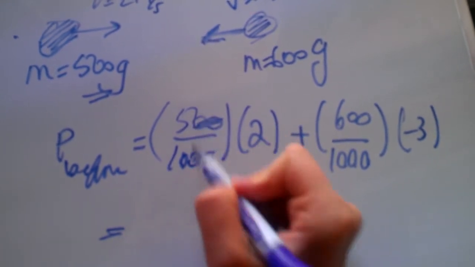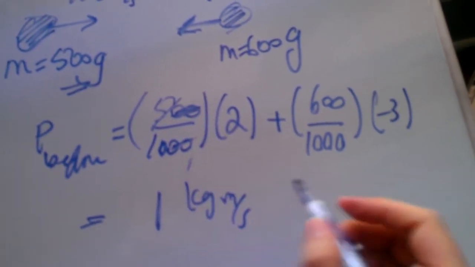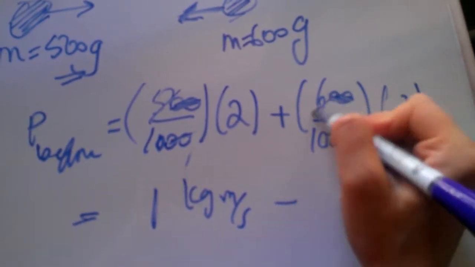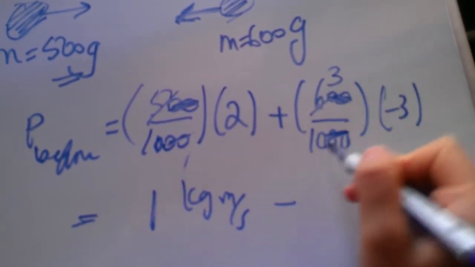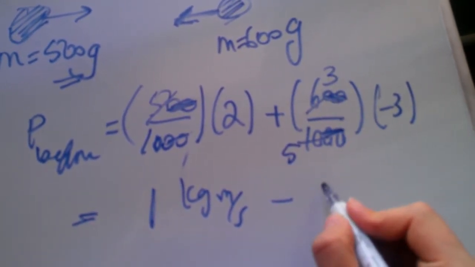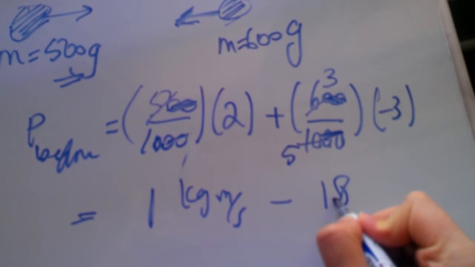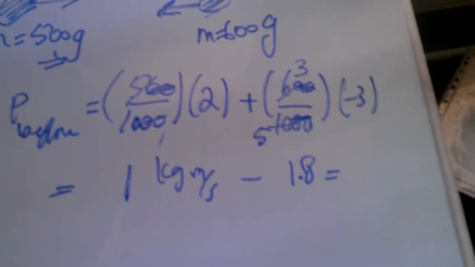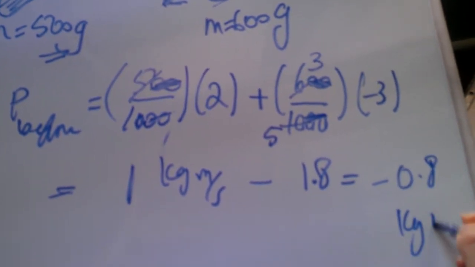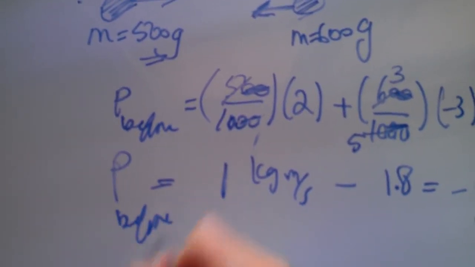So when you do this, you get 1 kilogram meters per second for the first one, minus 1.8 for the second. So overall, you are going to have minus 0.8 kilogram meters per second for your momentum before the head-on collision.